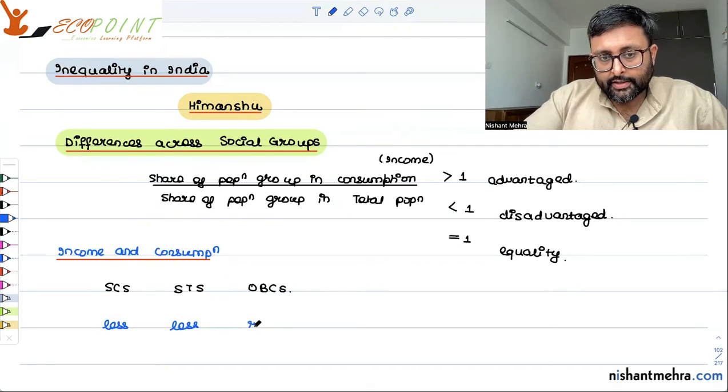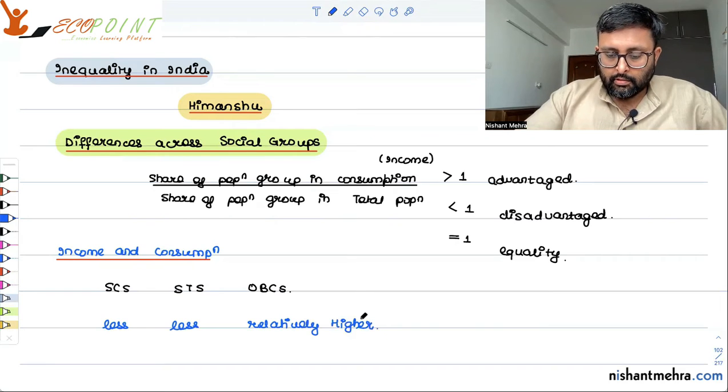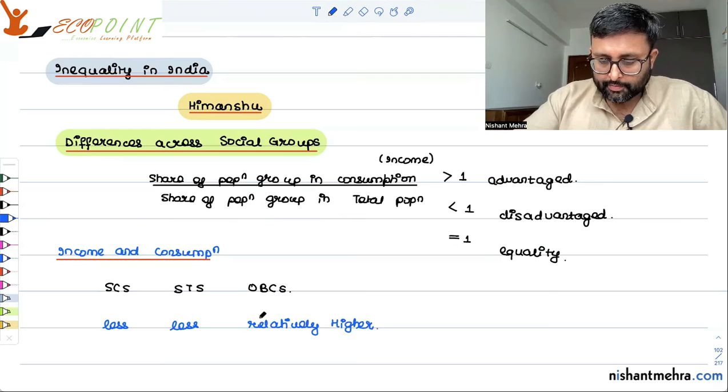OBC groups have relatively higher shares of consumption and income, but still less than the population share.